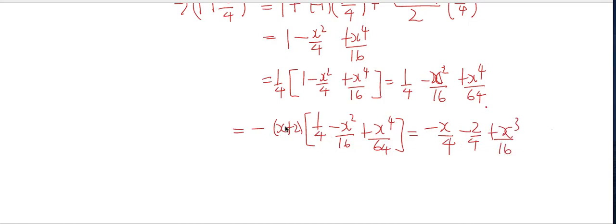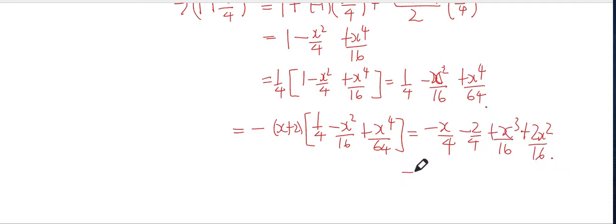First you multiply negative x by 1 over 4, and then 2 by 1 over 4, negative x by x squared over 16, and then 2 by x squared over 16, which is positive 2x squared over 16. There's another term, negative x times x to the power of 4, but we don't have to do that. Why? Because the question asks only up to x squared, so you can discard that.